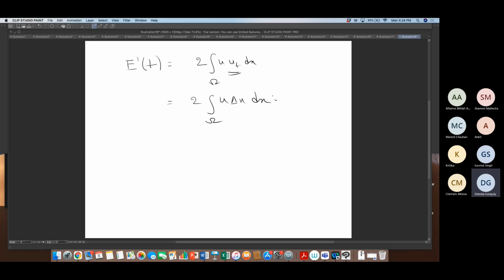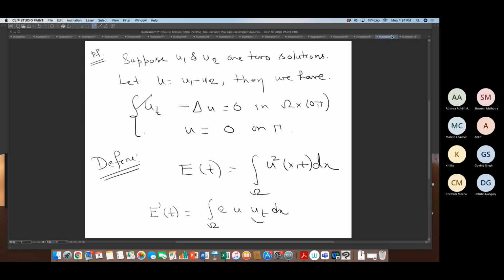Then what can I do? Use integration by parts. Excellent. This minus will come. What will happen to the boundary term? 0. Why?